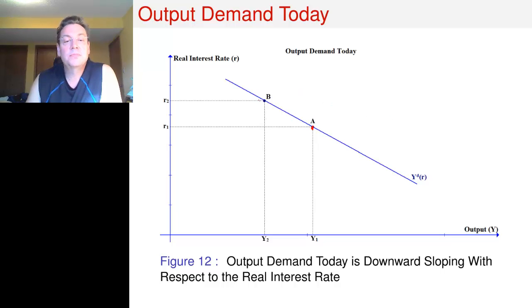R1, Y1, then a higher real interest rate reduces the demand for goods today, and therefore we get this downward sloping demand curve for goods today. So now we have a demand curve where the real interest rate is on this axis, output is on this axis. And if you remember, we also have a supply curve that has the interest rate on the vertical axis and output on the horizontal axis.